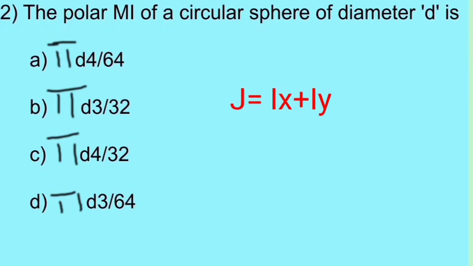So for a circular section, polar moment of inertia is pi d raised to 4 by 64 plus pi d raised to 4 by 64, which is equal to pi d raised to 4 by 32. So polar moment of inertia of a circular section is Ix plus Iy, which is equal to pi d raised to 4 by 32. Option C is the answer.